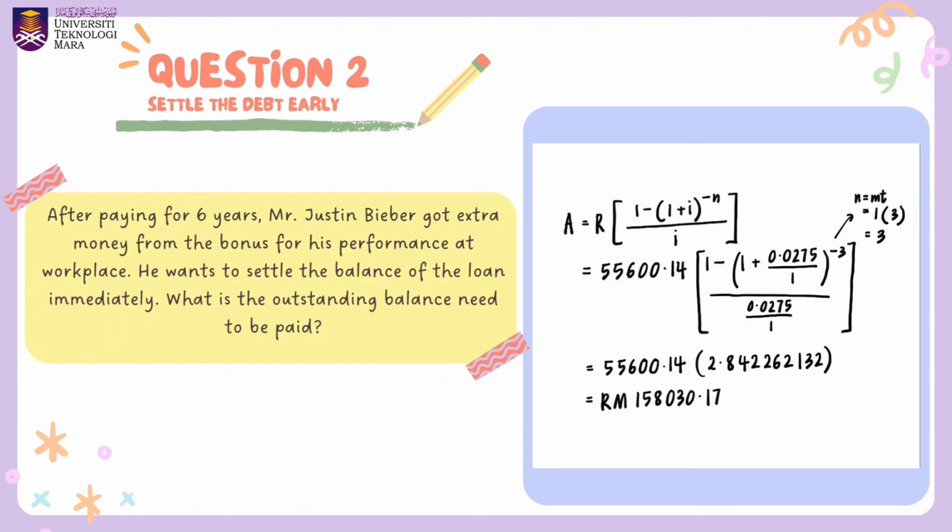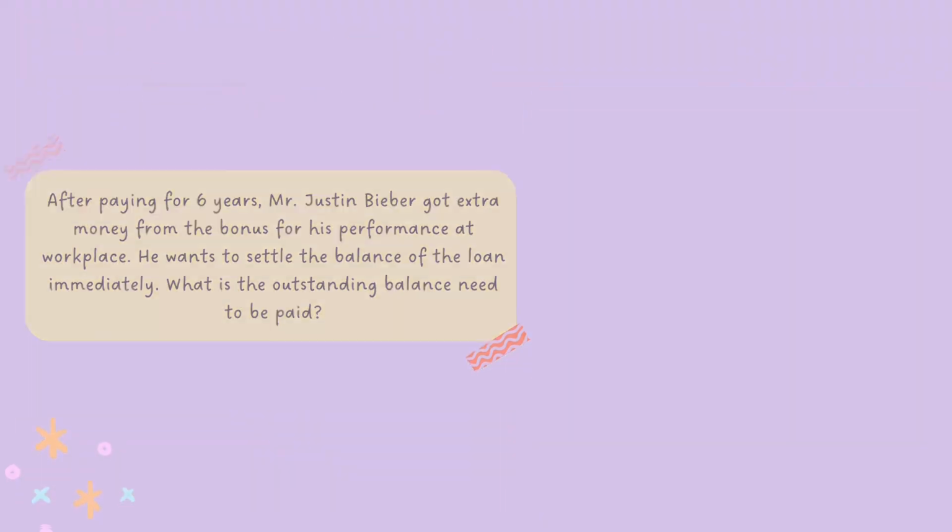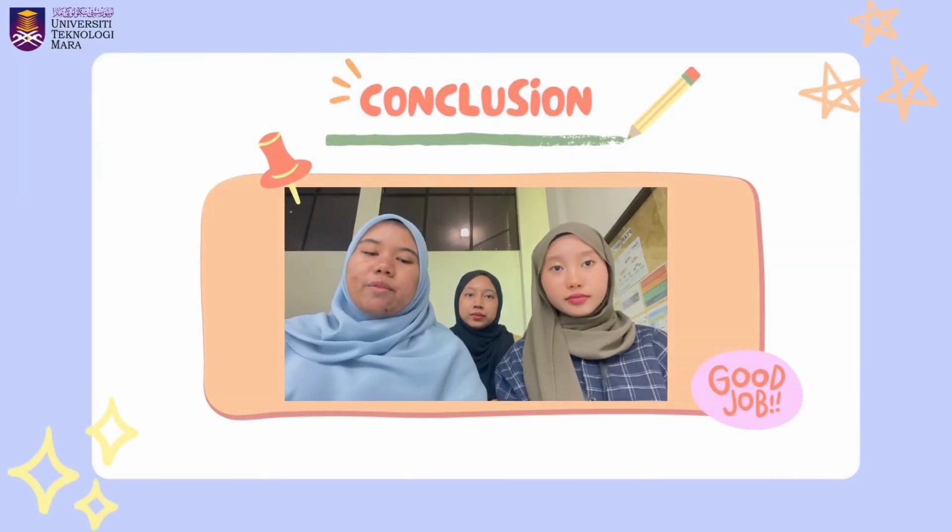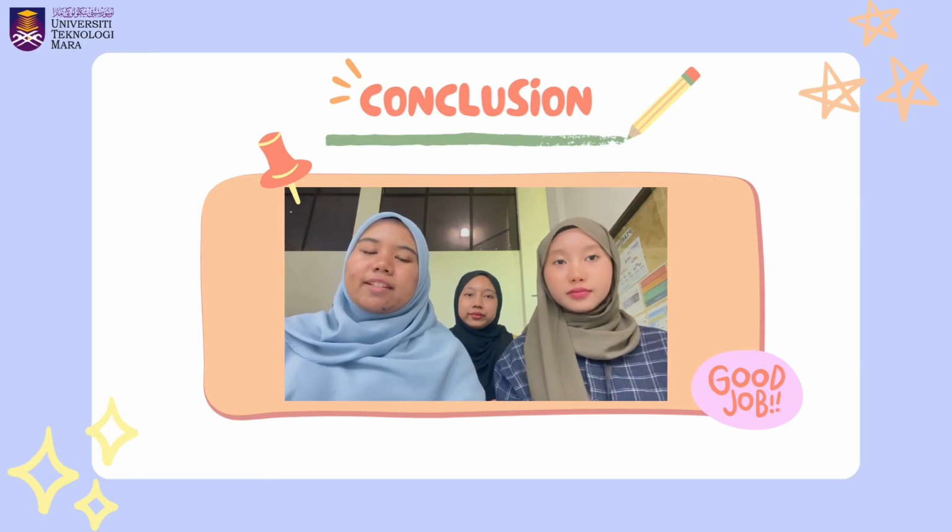It will equals to 55,614 cents times 2.842262132. It will then equals to RM158,030.70 cents. In conclusion, we have learned about compound interest and annuity in this presentation.